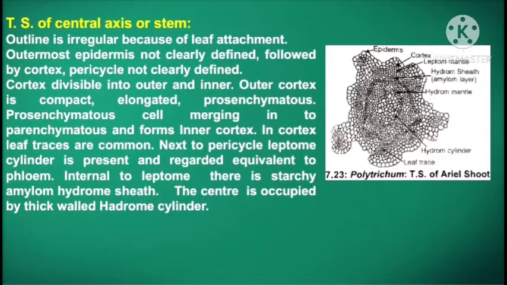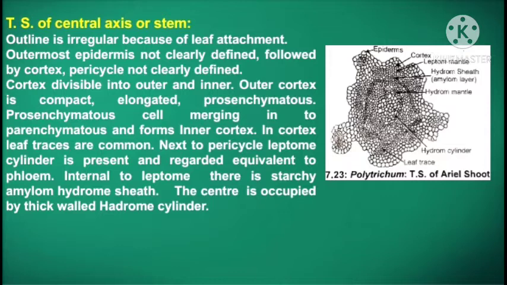Now the TS of the central axis or stem, that is its anatomy. The outline of the section is irregular because of the presence of leaf scars or leaf attachments. The outermost epidermis is not clearly defined. Next to the epidermis there is a cortex, and the pericycle is also not clearly defined.